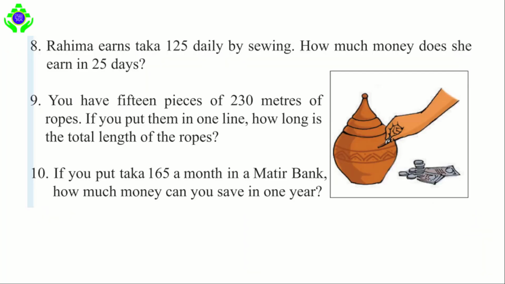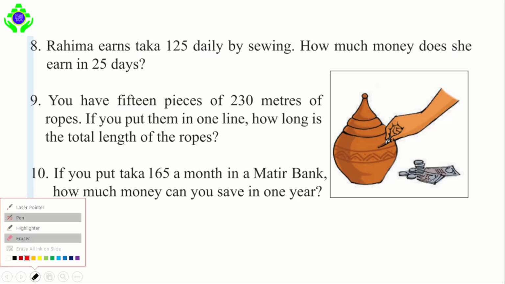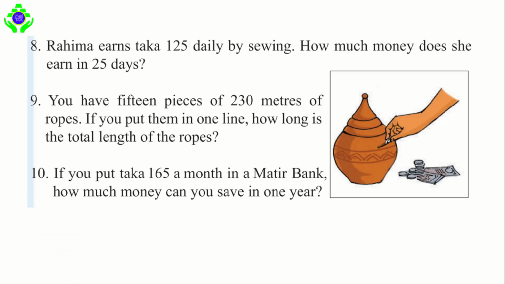That is question number 10. Okay, so in question number 10, it's written, if you put taka 165 a month, that means in a month you put 165 in a bank, how much money can you save in 1 year?